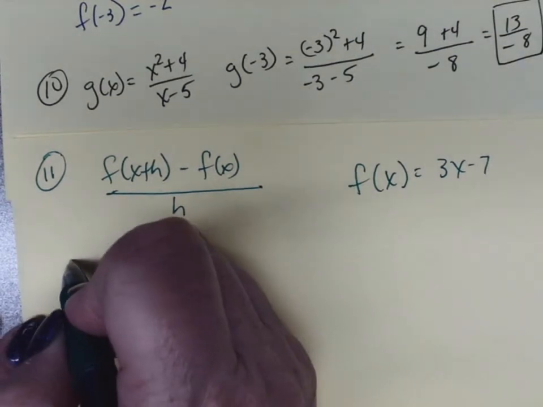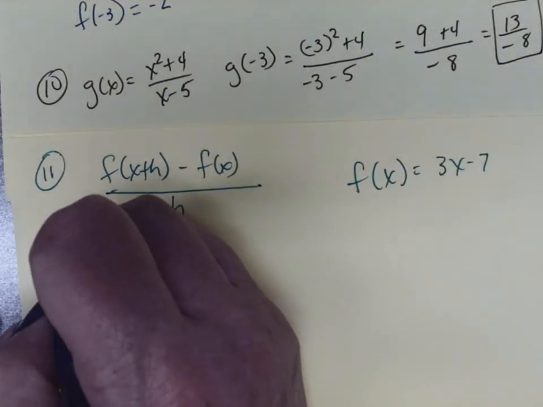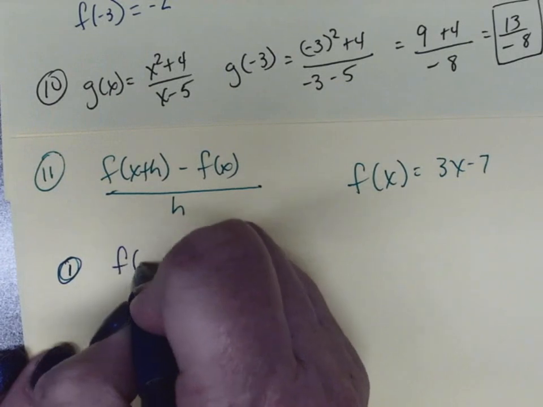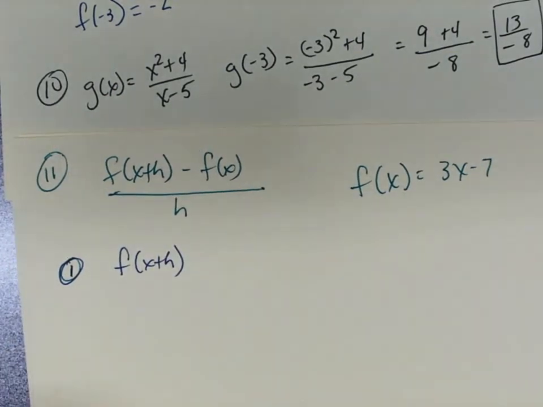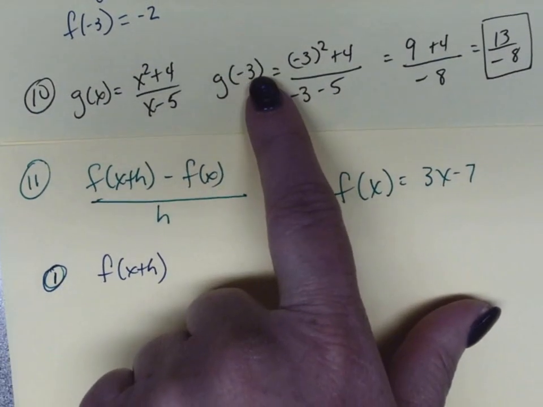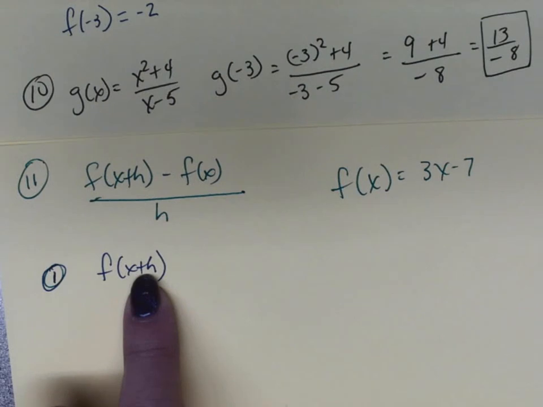So the first step, let's change colors here. Step 1, I want to find f of x plus h. And what that means, if you recall from the last problem, we found g at -3, so that meant we plugged in -3. Here we want to find f of x plus h.